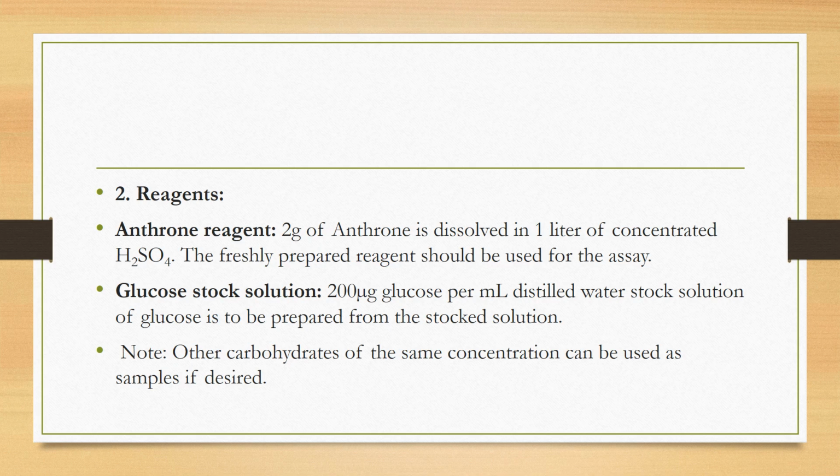Okay, the freshly prepared reagent should be used for the assay. So when you want to test, you have to use the fresh one, by adding 2 grams of anthron dissolved in 1 liter of concentrated sulfuric acid.